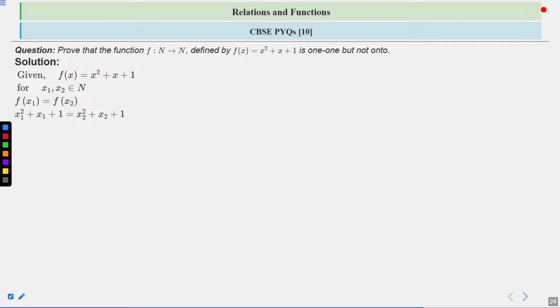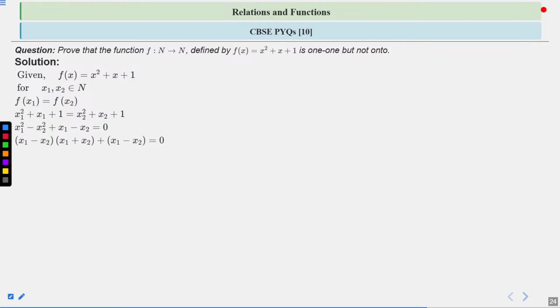After solving this, the 1 and 1 will cancel out, and move x2² and x2 to the left-hand side. So we can write x1² − x2² + x1 − x2 = 0. Clear?